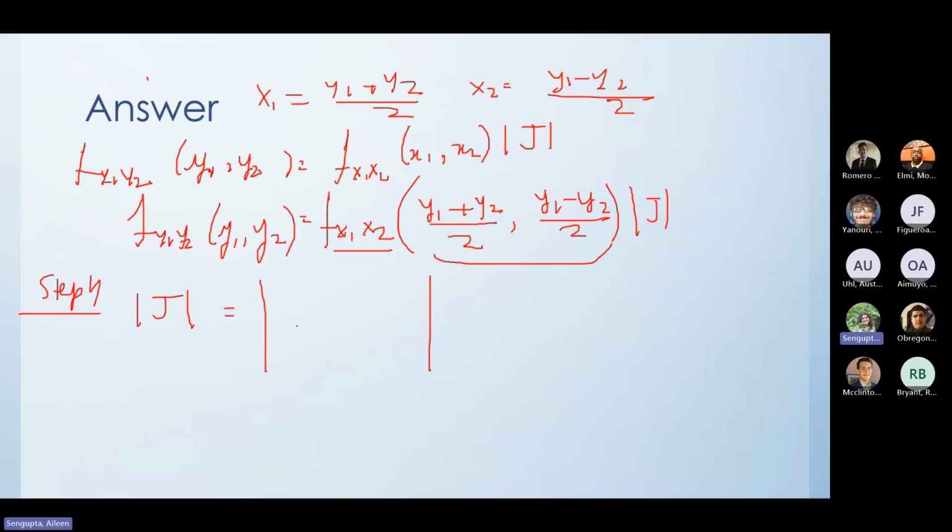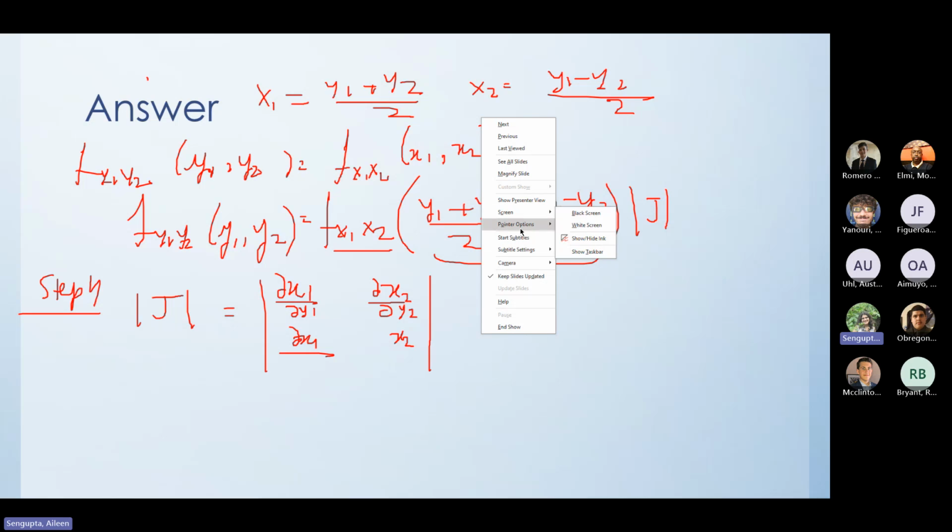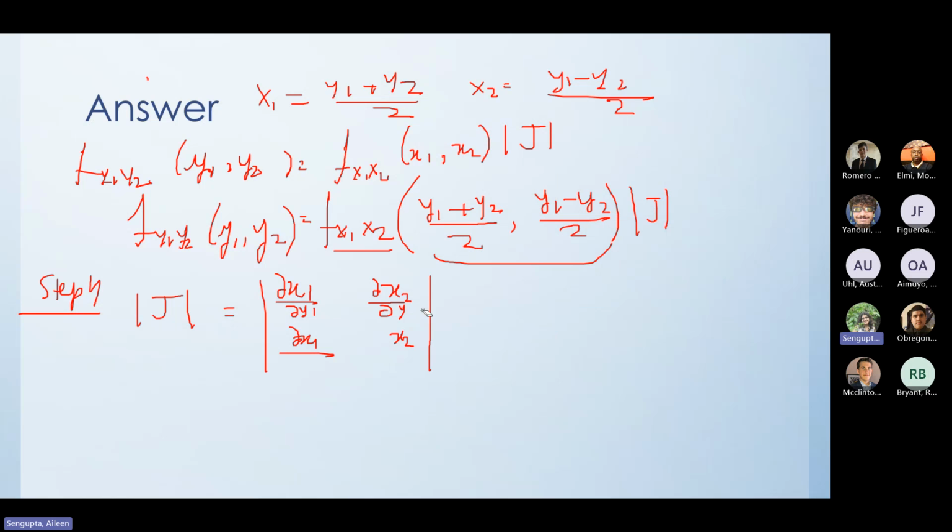In the Jacobian, you take this x1 and this x2, and you differentiate them with respect to the variables you're trying to find, for example y1. Again, you differentiate that with respect to y2. Differentiate that with respect to, oops, sorry, my bad. That's y1.